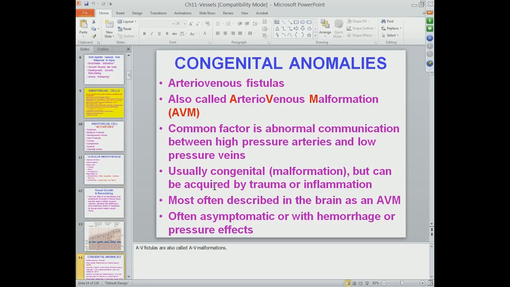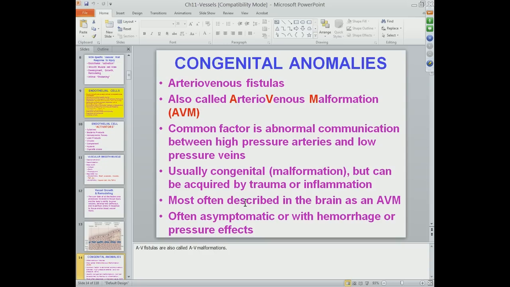These fistulas between the arteries and veins are usually congenital. They can be acquired by trauma or inflammation in which somehow there is abnormal repair, but generally an anomaly or a malformation is almost always thought of as being congenital.